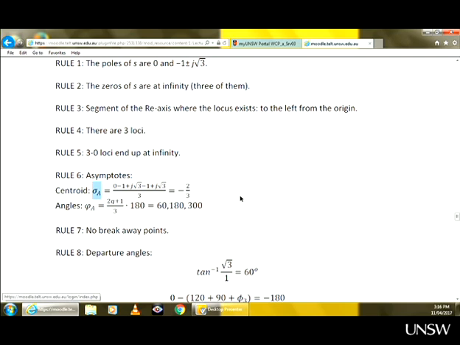How do we find them? Let's get the sum of all poles, which is here, minus the sum of all zeros, but there are no zeros. So when you add these two things together, sorry, one thing is wrong. 1 plus should be minus, another typo here. Plus minus j square root 3. So this one should be minus.